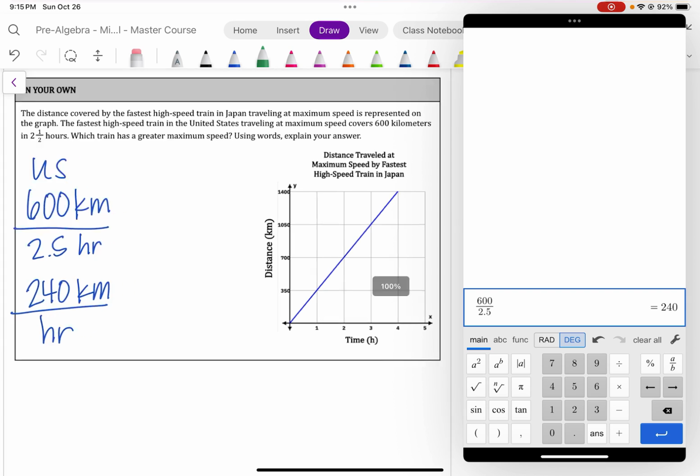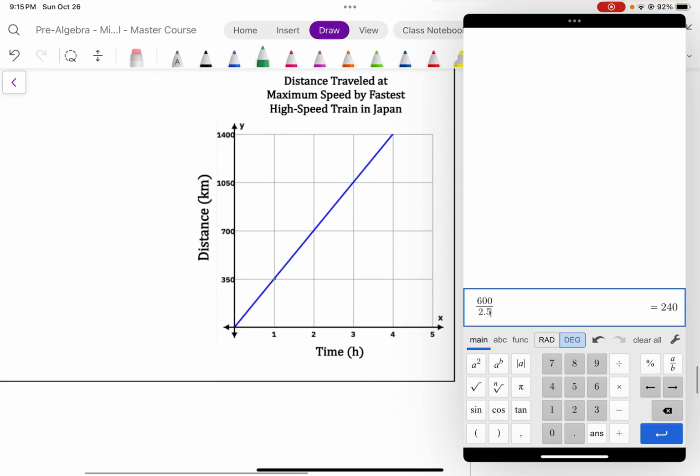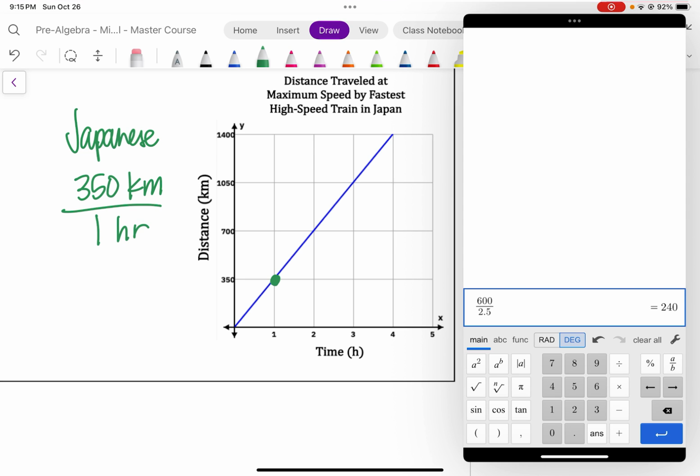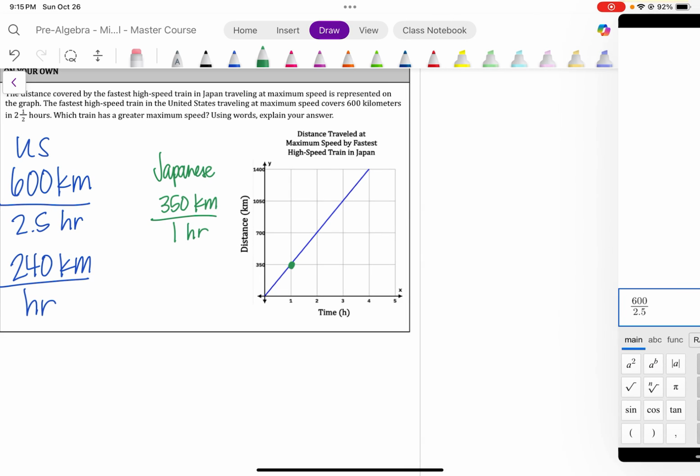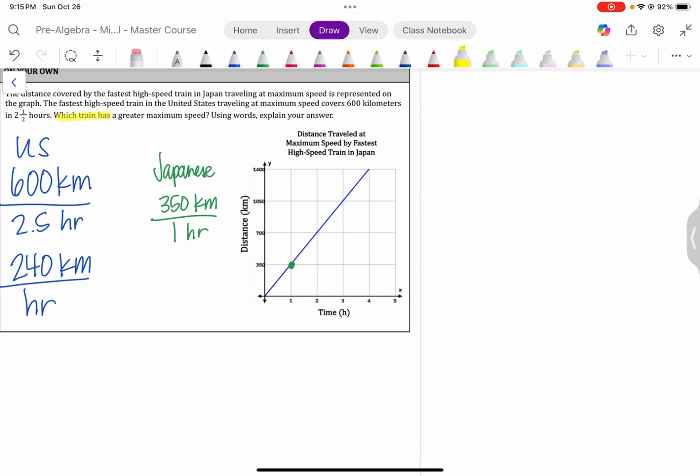And over here, the Japanese train, I can easily see that in 1 hour it can go 350 kilometers in 1 hour. So, which train has the greater max speed? It's the Japanese train.